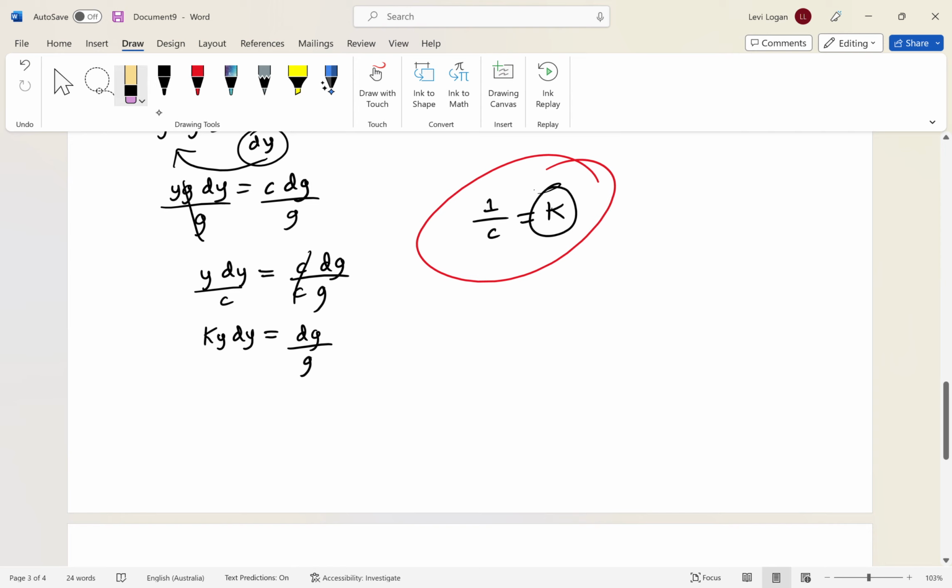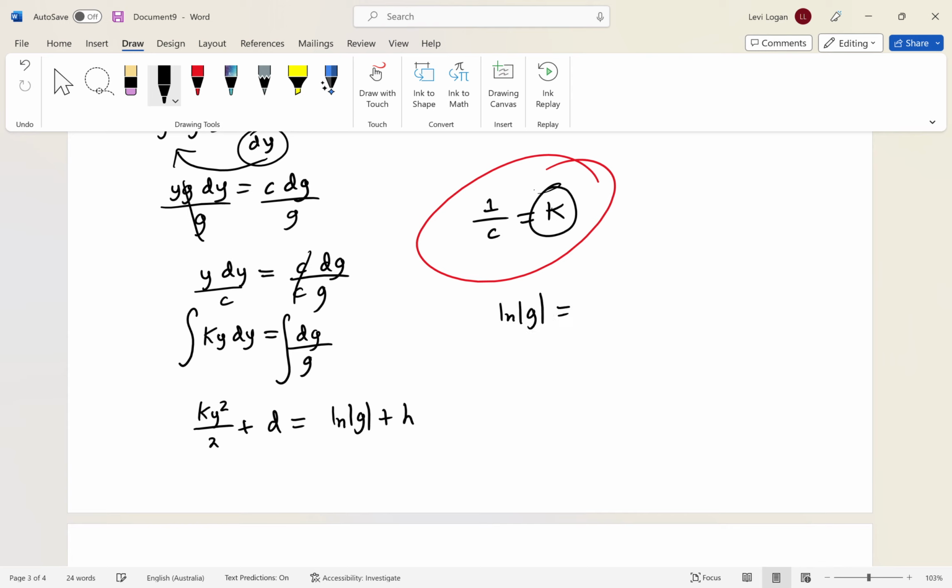So what are we going to do now? Basically, we're just going to integrate both sides. The left-hand side is just going to be k y squared over 2 plus some constant d. The right-hand side is going to be natural log of g plus some constant h. Now I'm going to move my constant to the left-hand side. So natural log of g equals k y squared over 2 plus d minus h.